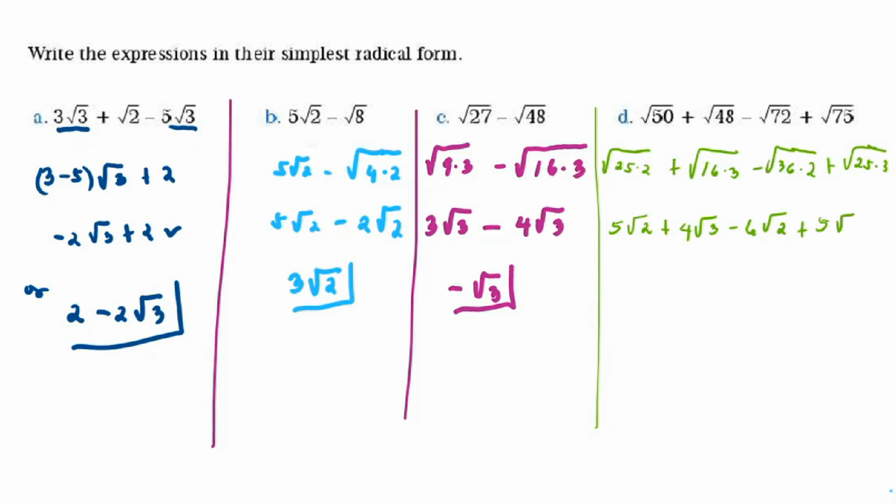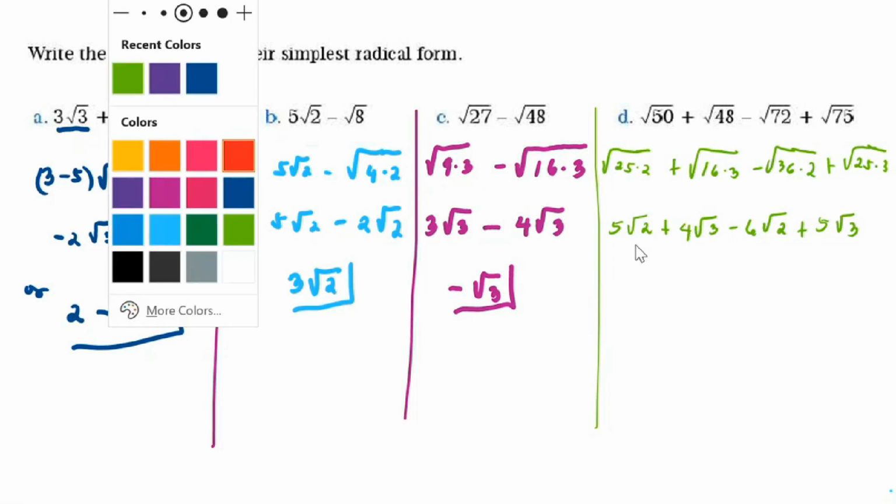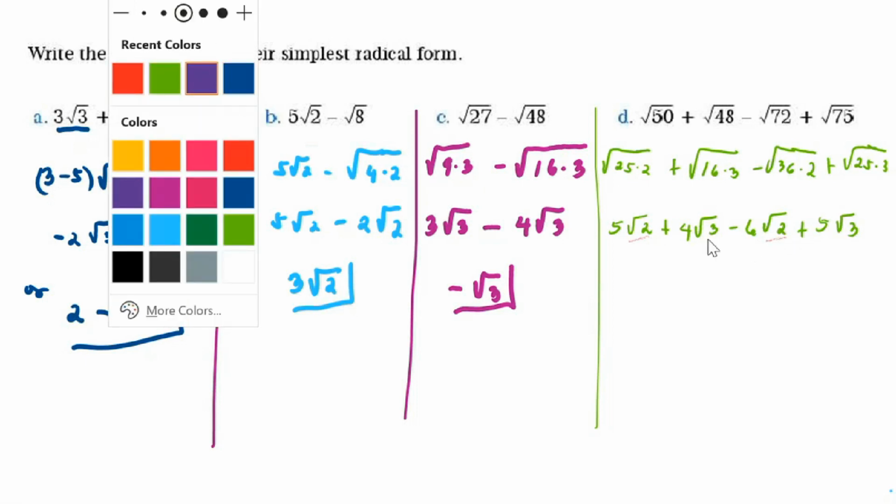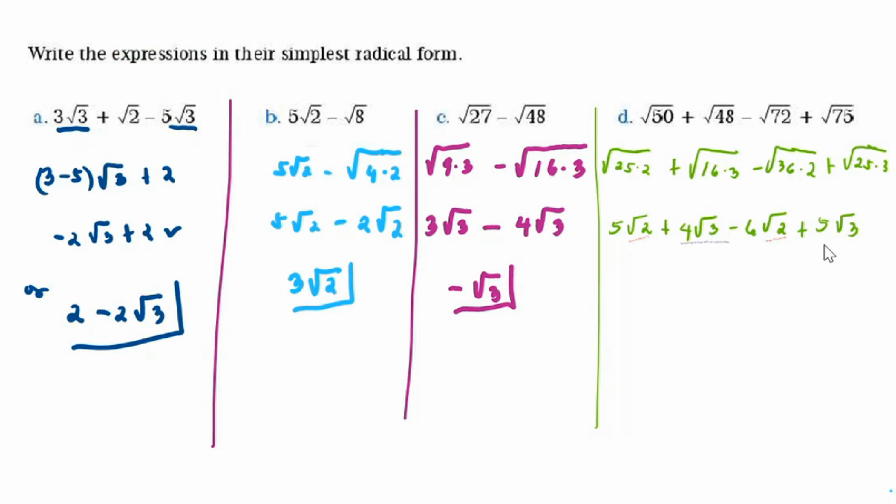We have now 5 square root of 3. Now, by inspection, which one can we combine? Square root of 2. I have square root of 2 and square root of 2. I also have the square root of 3 and the square root of 3. So we can combine that one.